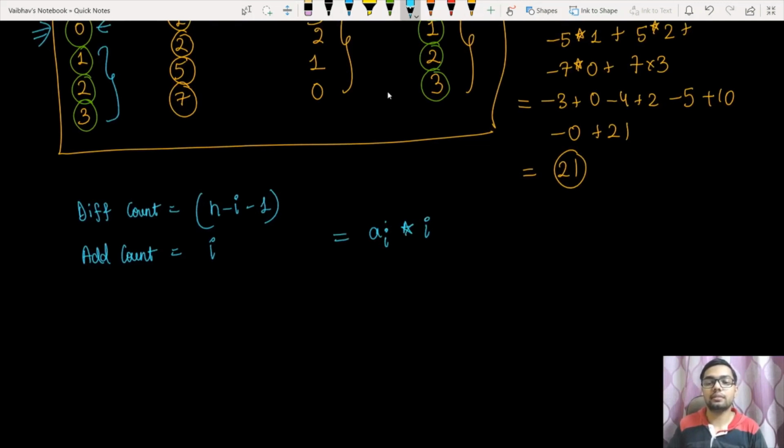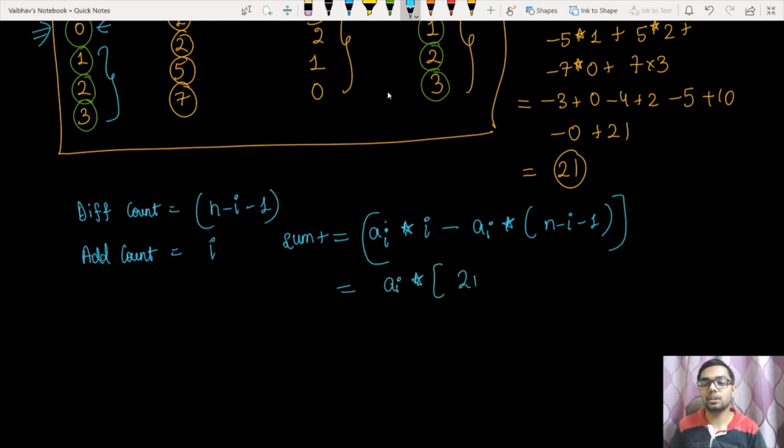So for any element at index i inside this array, I need to add the value a[i] into i and subtract a[i] into n minus i minus 1, the number of times we are going to subtract this value. If you simplify this term, you would get 2i minus n plus 1.